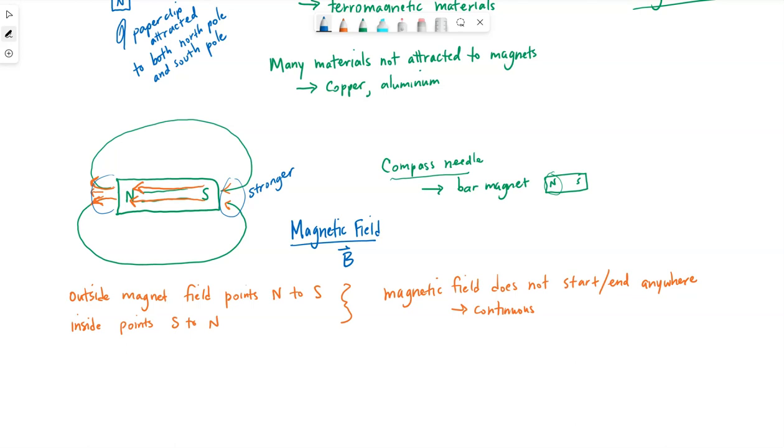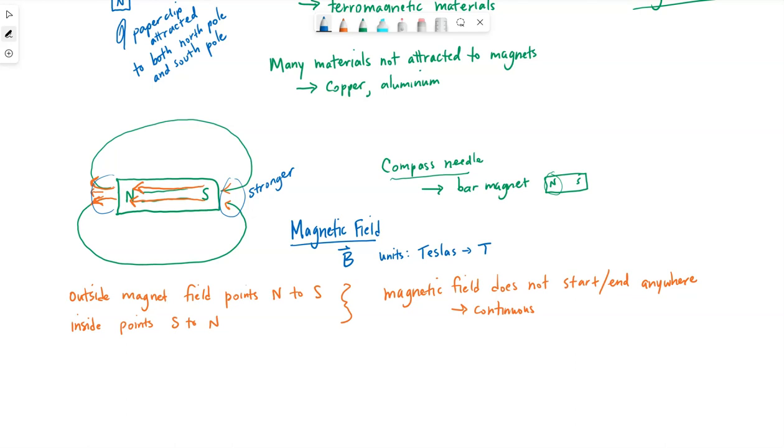Where the lines are farther apart, which we would see farther away from the magnet, it would be weaker. The units for magnetic field are Teslas, and we use a capital T to represent that.